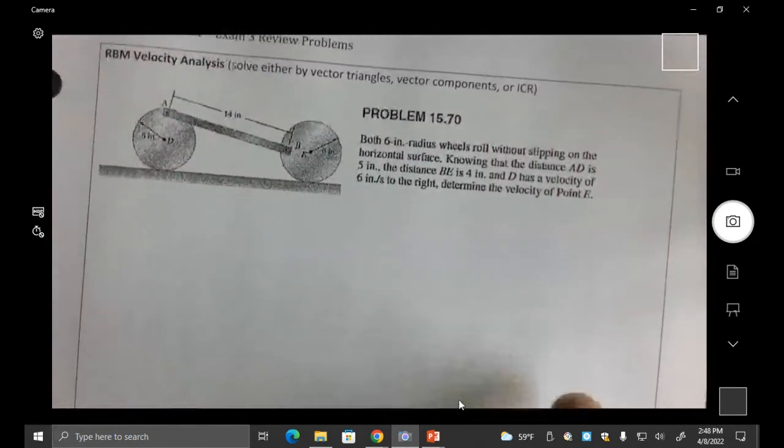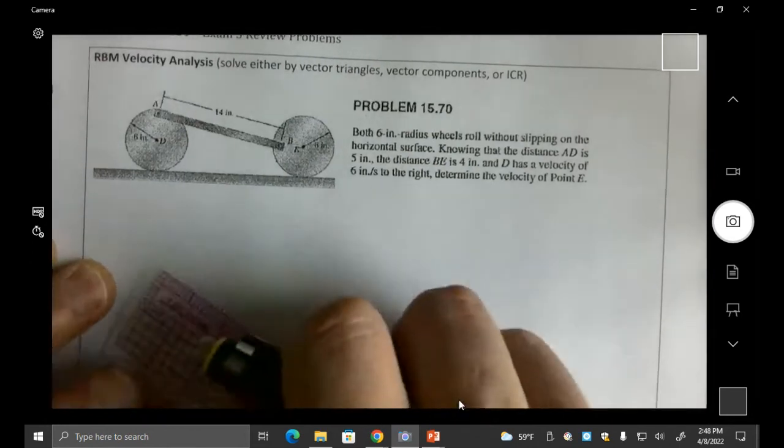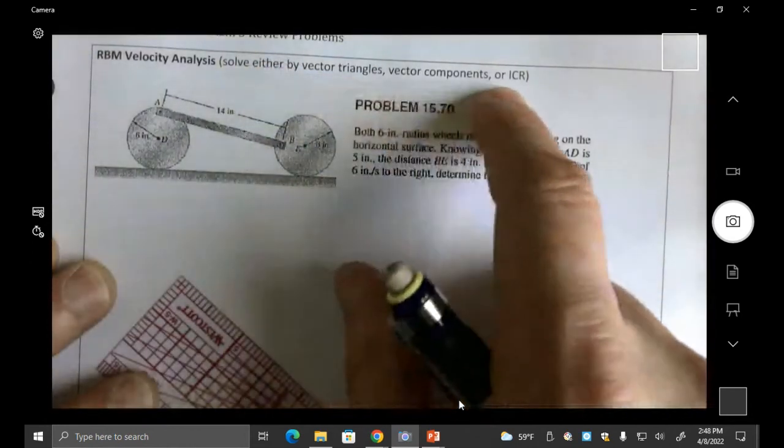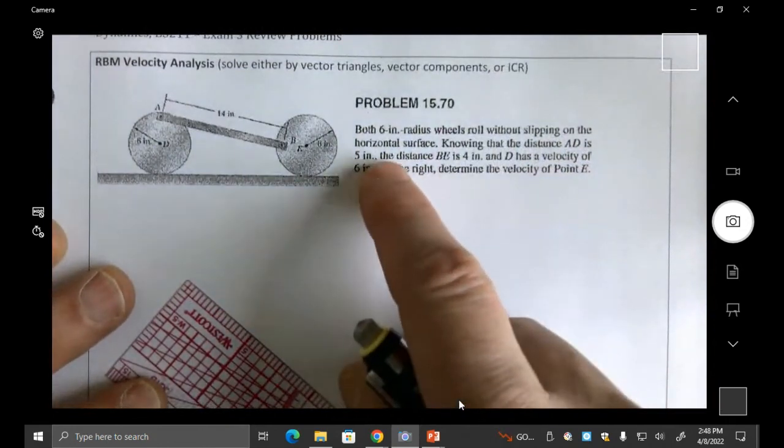This guy? Yeah. He's a roller. All right, so solve either by vector triangles, vector components, or ICR. So we could solve this in any of those ways.